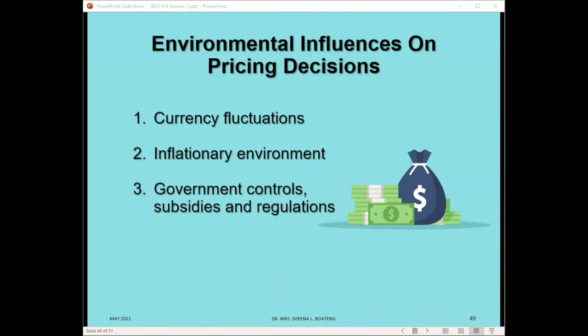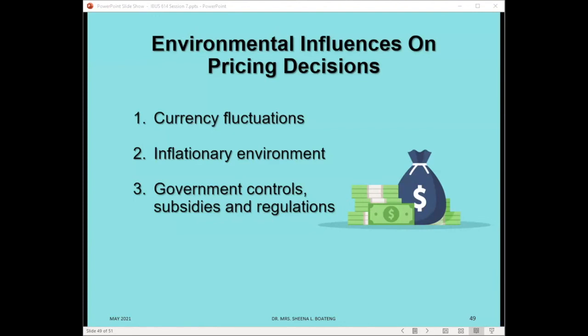Also, government controls, subsidies, and regulations will determine how much you sell your product or service. Because if government is providing some kind of subsidy, which is reducing the amount of cost you are incurring in this particular market, it will be a motivation factor to sell the product at a lower price, given that you are benefiting from some other lower costs in various areas, like tax holidays, which are often given to a number of firms who are engaged in various forms of activity in these foreign markets.